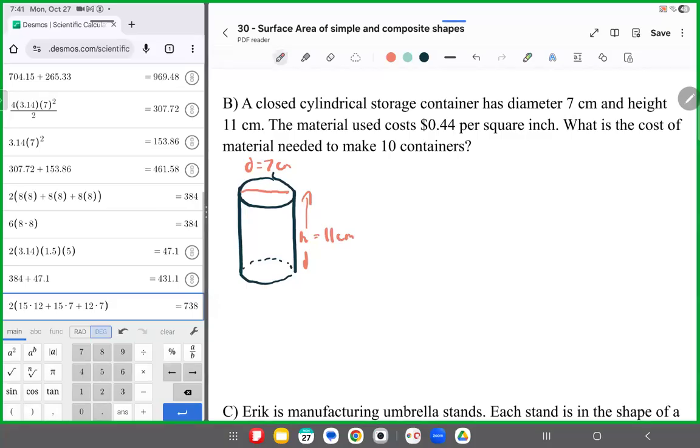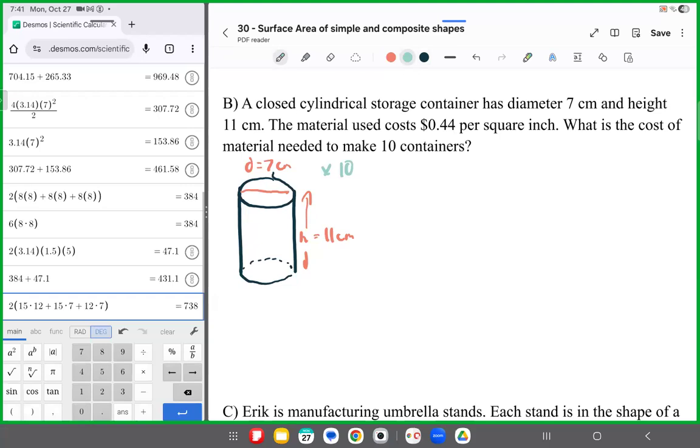Okay. Now, next thing worth noting for this one is that we actually will need 10 of these in the end. So just keep in mind at some point that we need to account for how many we need in the form of multiplying by 10. Okay. So far so good. Doesn't seem to be any too major problems.